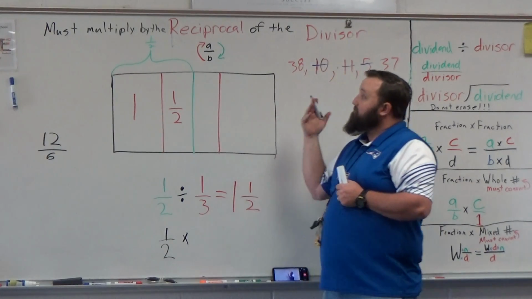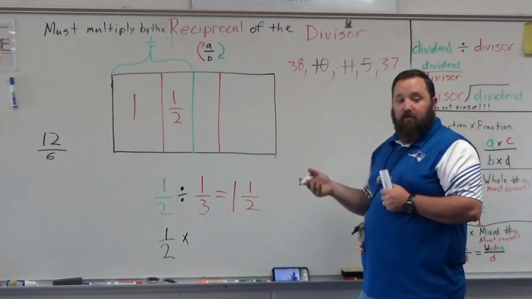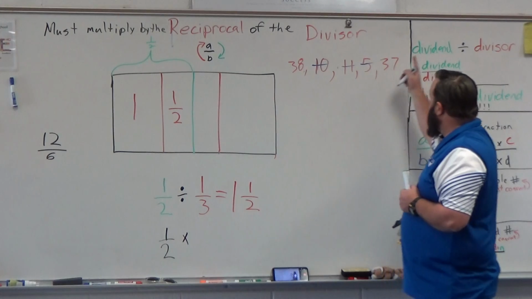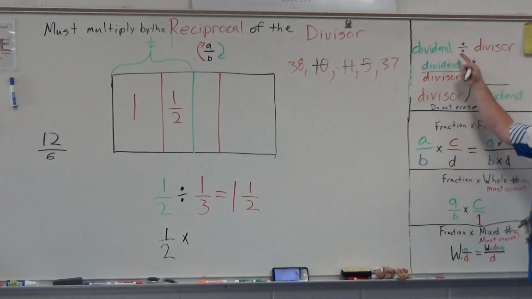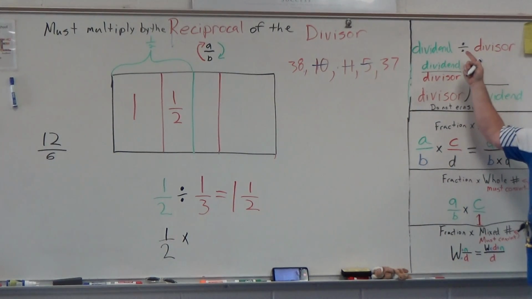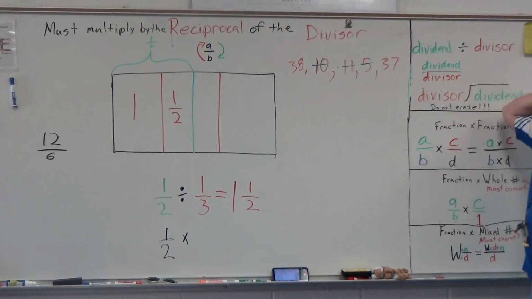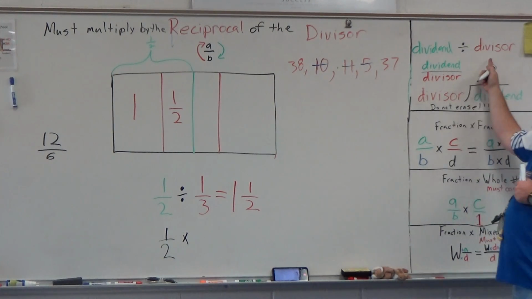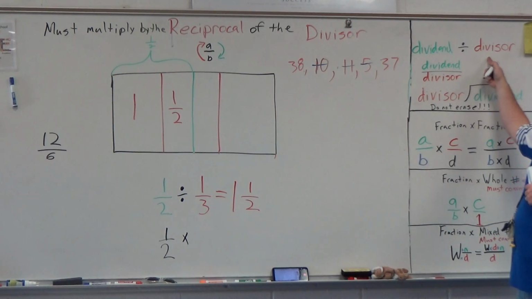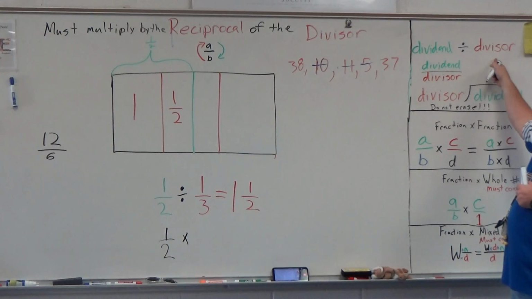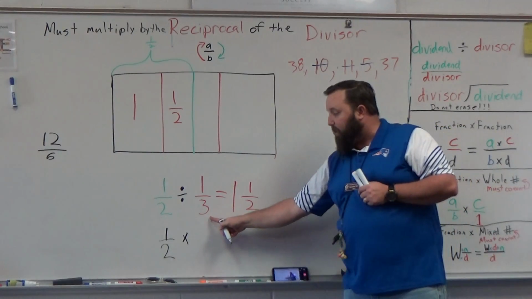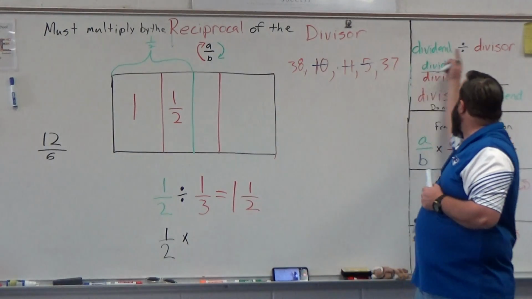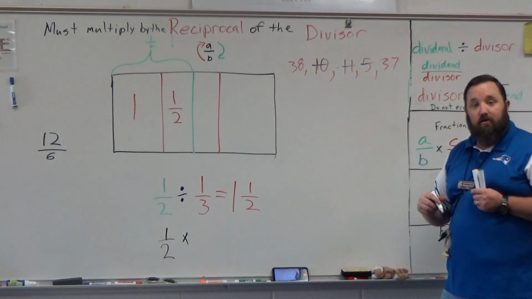Now, we must identify the divisor. We've done this since day one. Some of you were fighting me on this today. Some of you were trying to find the reciprocal of the dividend. It doesn't work that way. We must find the reciprocal of the divisor. If I read my mathematical sentence correctly, 1/3 is the divisor.